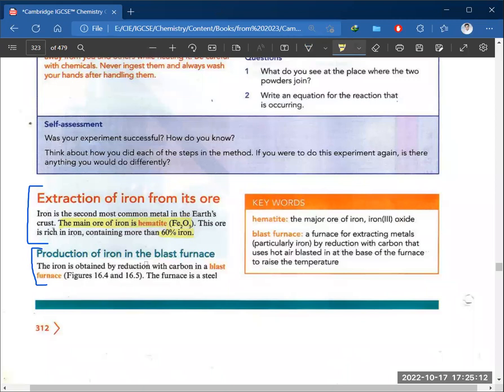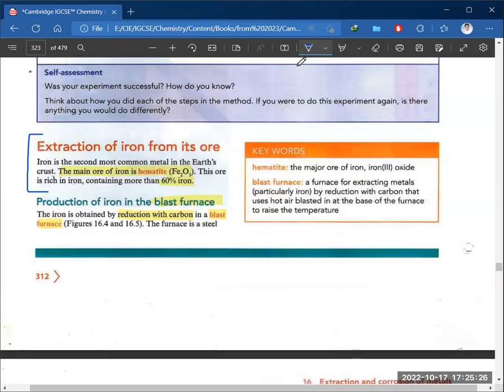Production of iron in the blast furnace. The iron is obtained by reduction with carbon in a blast furnace. What is it? Blast furnace. And continue reading.